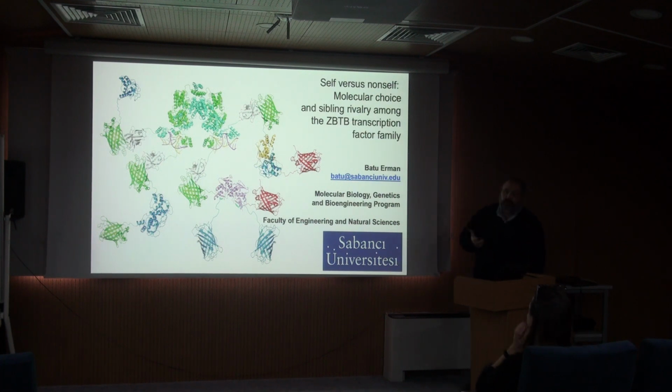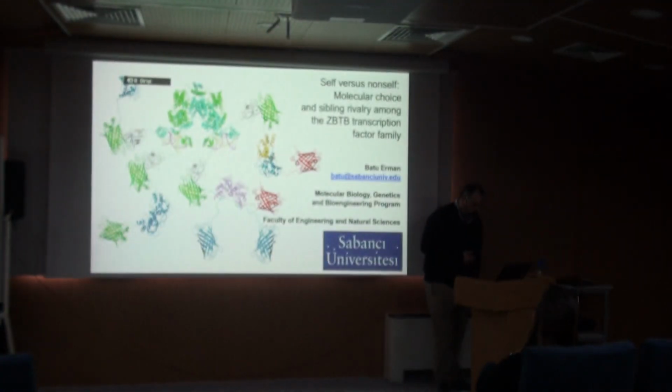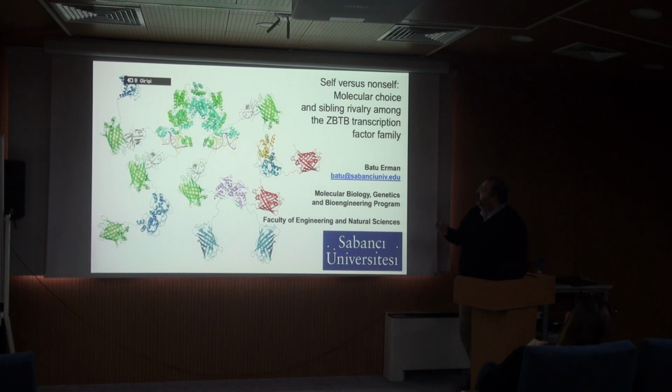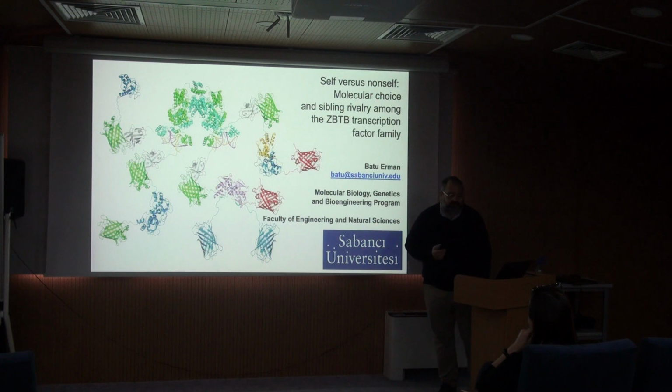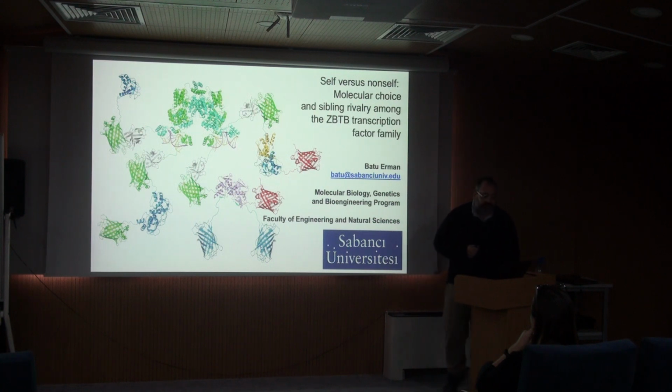In immunology, the self versus non-self discrimination is an important issue because our immune system should attack foreign invaders of the body, but at the same time should not attack our own self cells. The idea in this project is that maybe something similar is happening at the molecular scale.